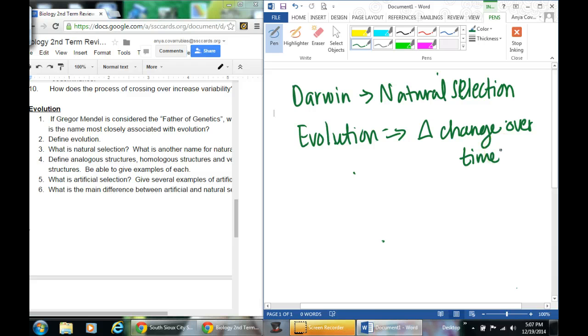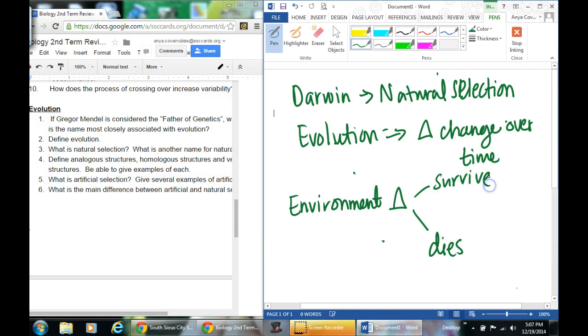Natural selection is when the environment changes, and when that environment changes, the species has two choices. It either dies because it doesn't have what it takes to survive, or it has some kind of special trait that allows it to survive.